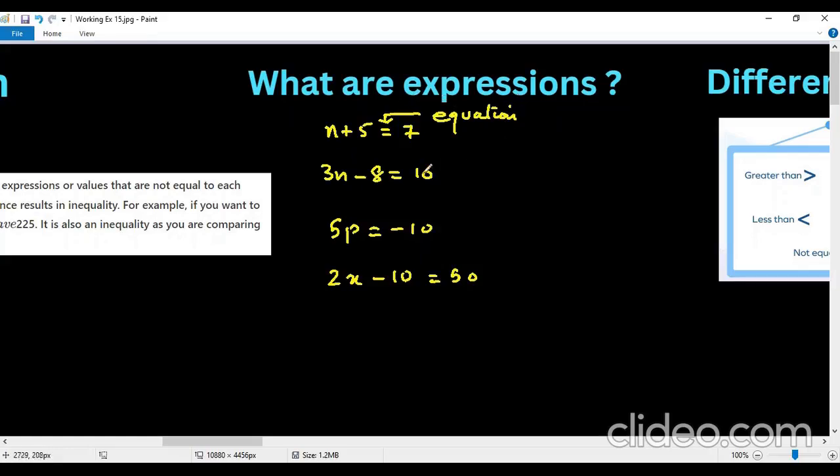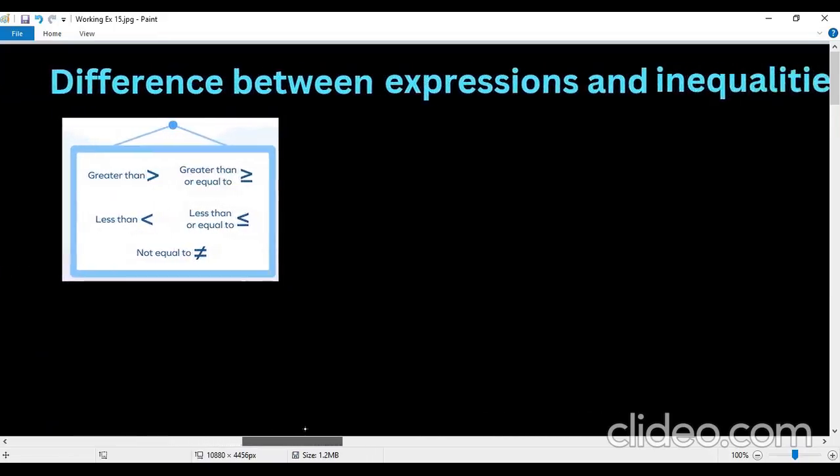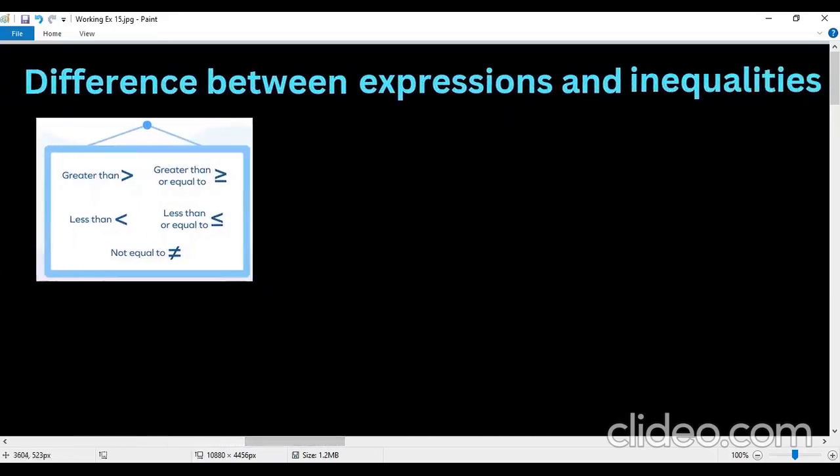Now there is another part: the difference between equations and inequalities. In inequality, you'll be using these signs. For example, 7 is greater than 5. So this is a true statement or inequality. Now, for example, 3x is greater than or equal to 17.